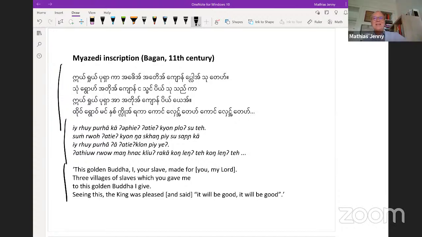So we do understand Old Burmese, and the Myazedi inscription, as you probably know, was written in 4 languages. Besides Burmese, it has also Mon, it has Pew and Pali on the other faces. So we have a pretty good idea about the meaning of this inscription.